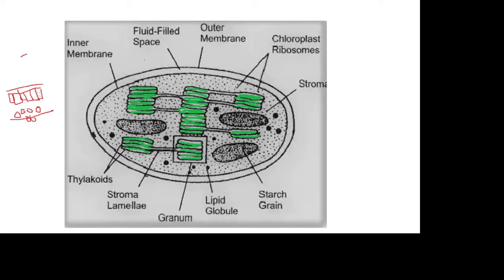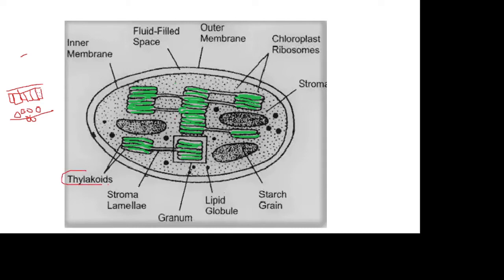Now, if you see a chloroplast, it is made up of an outer and inner membrane, and the space between the outer and inner membrane is filled by a fluid. If you go inside the chloroplast, there is a stroma, and inside the stroma there are coin-like structures called thylakoids.